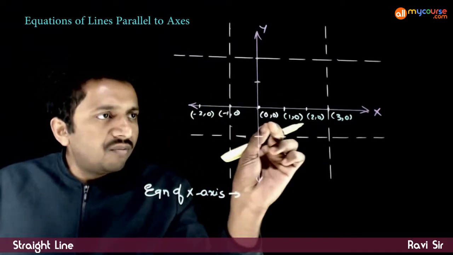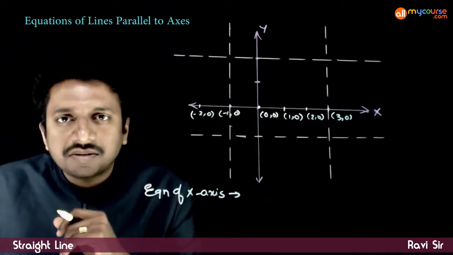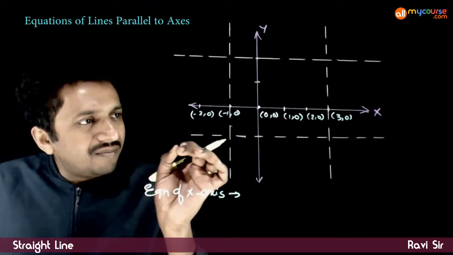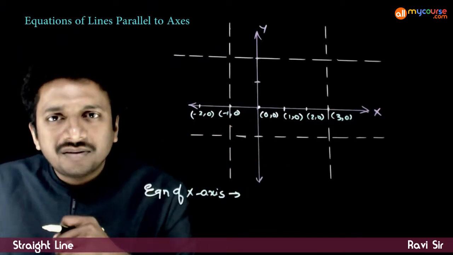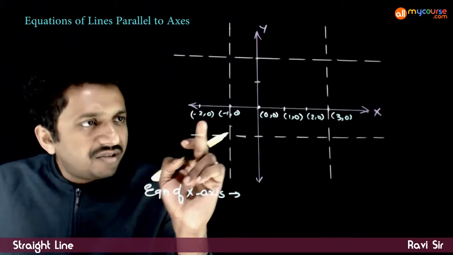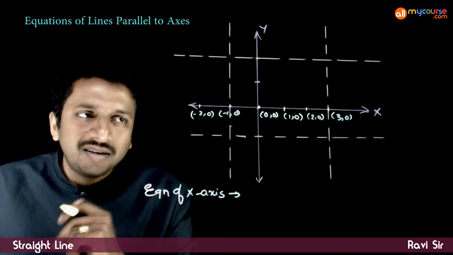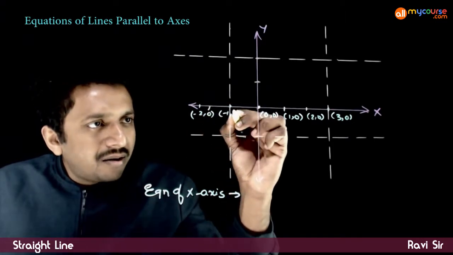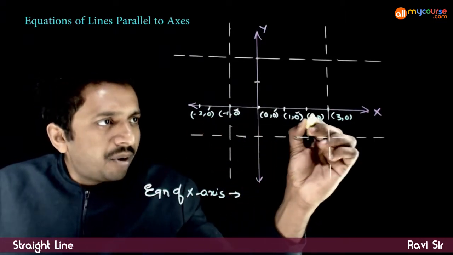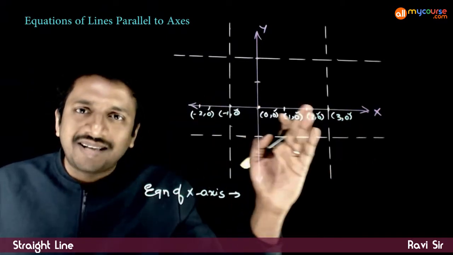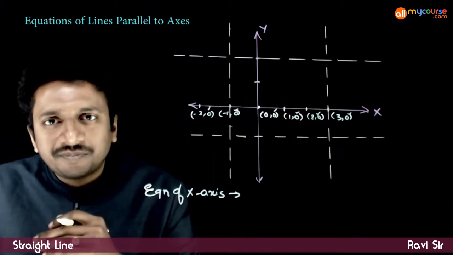So these are what the points look like on x-axis. Can you see something which is common to all these points? Do you see some property which is common to all these coordinates? Yes. The y-coordinate of each and every point on this x-axis is equal to 0.